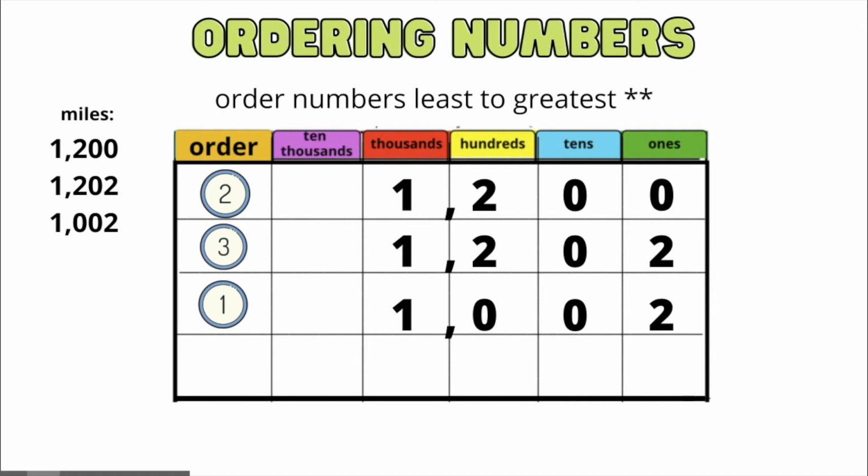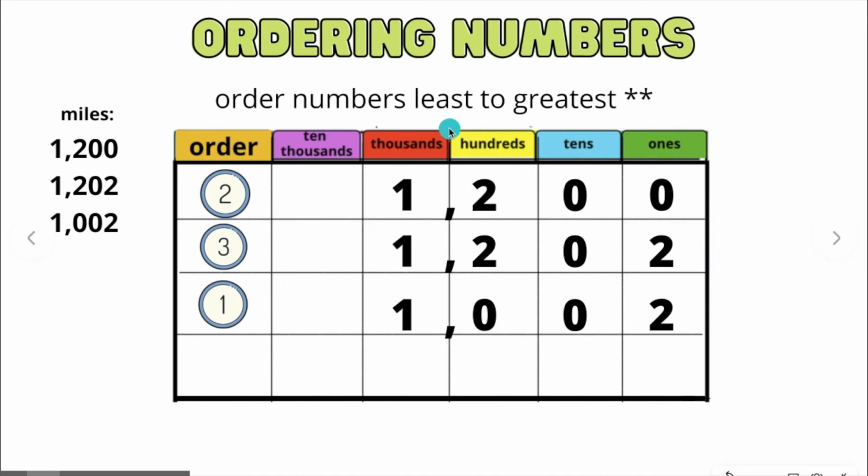So my least number is this one, 1,002 miles. My second number is 1,200 miles. And then my third number is 1,202 miles. This is the greatest number.